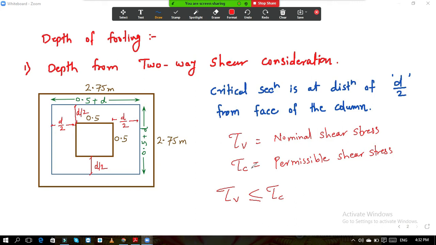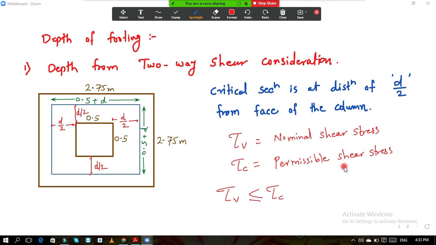But especially in the case of slabs, in the case of footings, we generally avoid providing the stirrups. So here our criterion is that whatever shear stress is developing over here should be less than or equal to the permissible shear stress. This permissible shear stress is specified by the IS code.